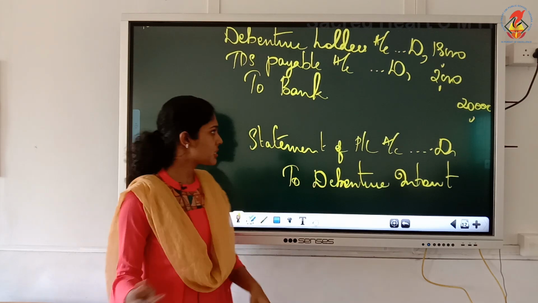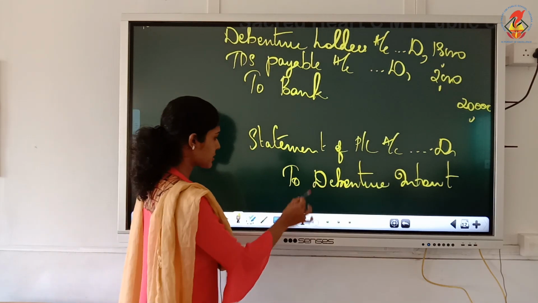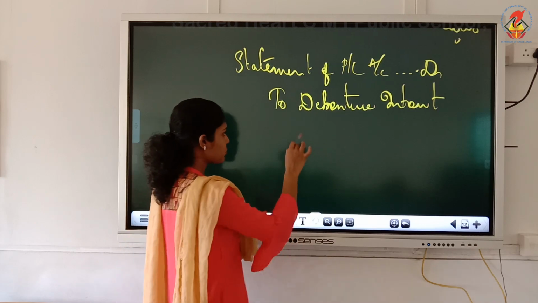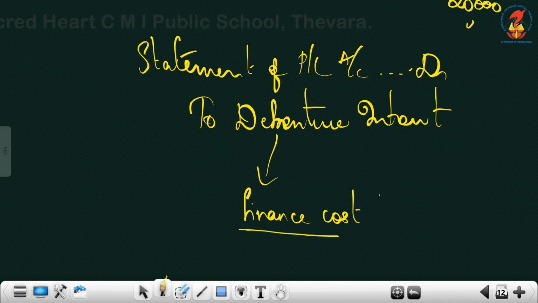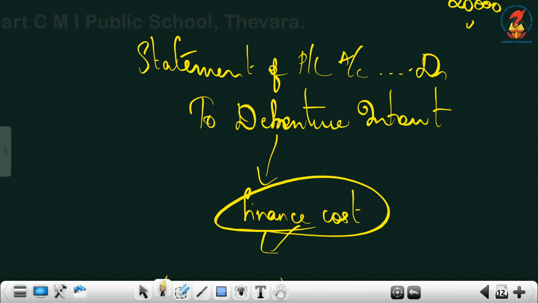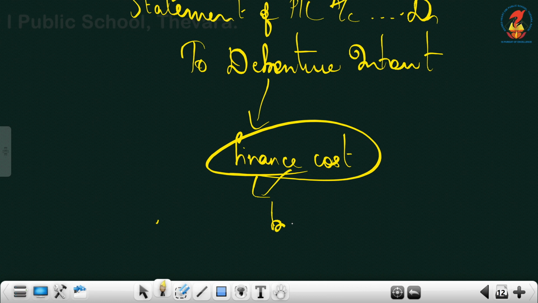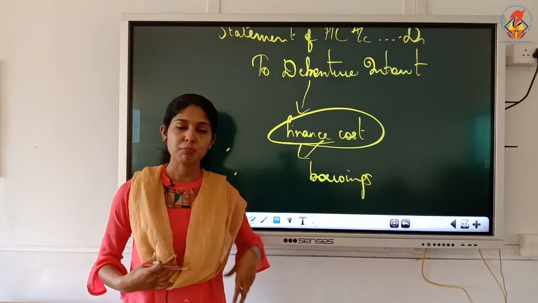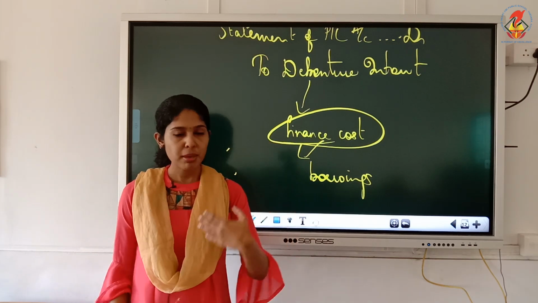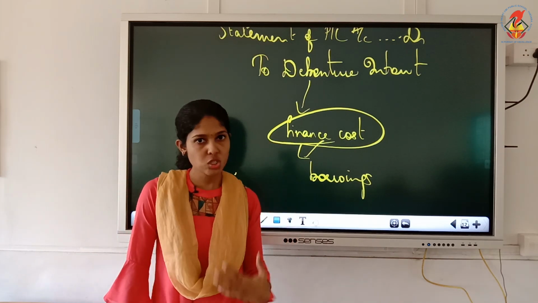Then the nature of debenture interest is something they will sometimes ask as a 1 mark question. The nature of debenture interest is that it is a finance cost. Finance cost means cost associated with borrowings. See, we had to pay the debenture interest because we borrowed some amount from the public, from the debenture holders.